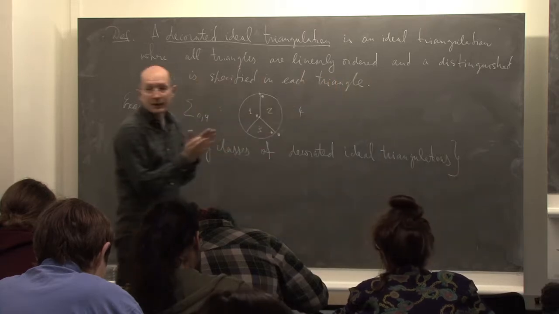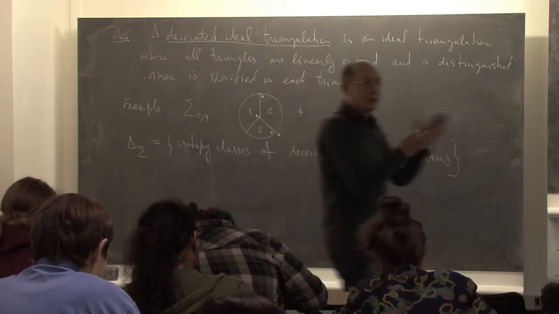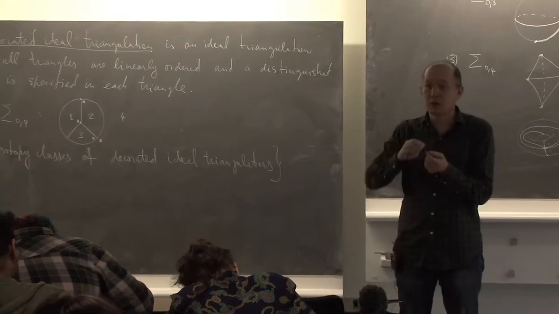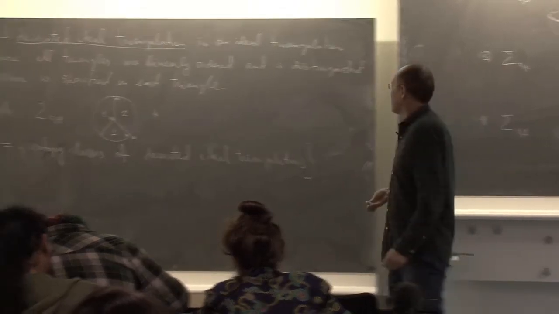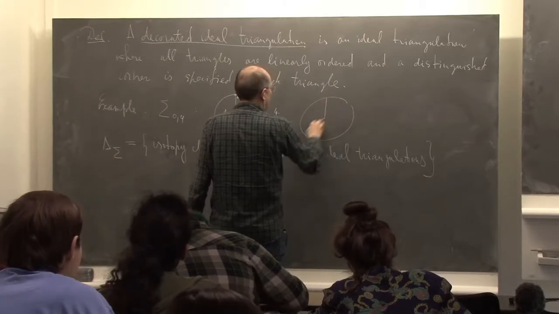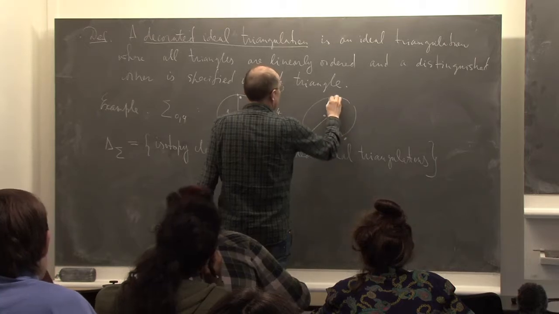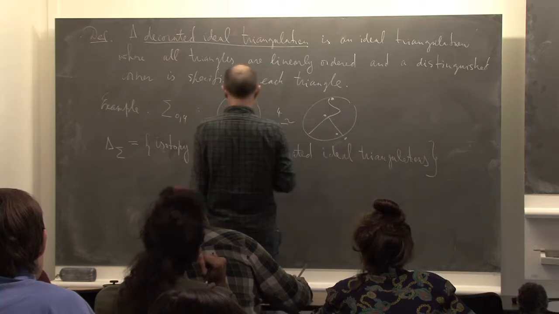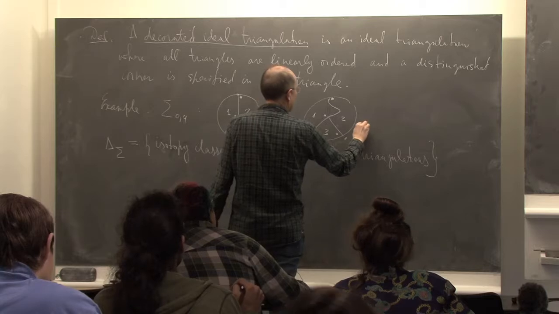So isotopy class means that we can move the cells continuously. But essentially, the cellular structure is given by drawing the edges. So we can deform the edges. Like this is the same as this.